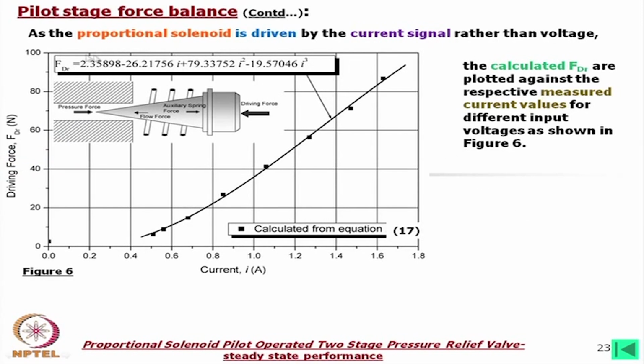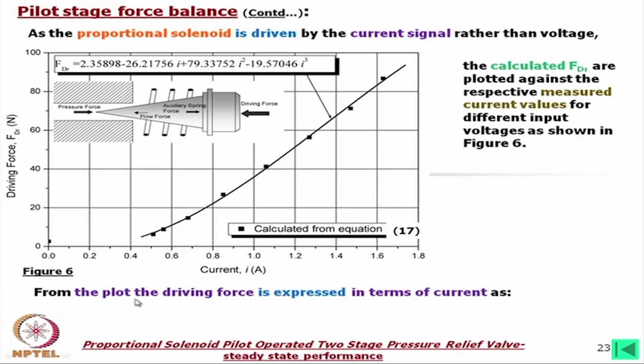Ultimately, this formula was developed. This is an empirical relation, but it is in terms of the input current I. Once you directly substitute the input current, you can calculate the driving force.